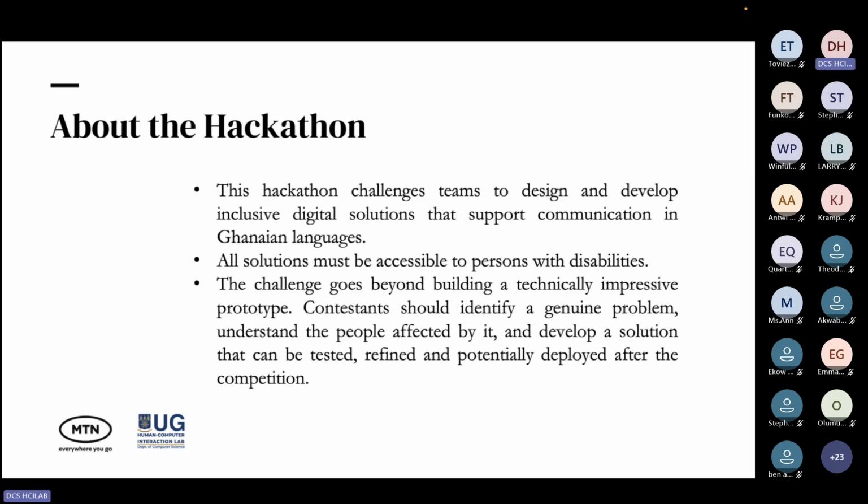Teams are expected to identify a real-world problem, understand the people affected by that problem, and then develop solutions that can be tested, refined, and potentially deployed after the competition. Why is it called the MTN Ghana Tekyermapa Hackathon? That is because MTN Ghana happens to be the premium sponsor of this year's edition.